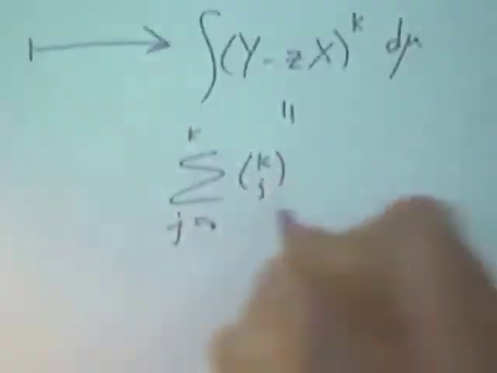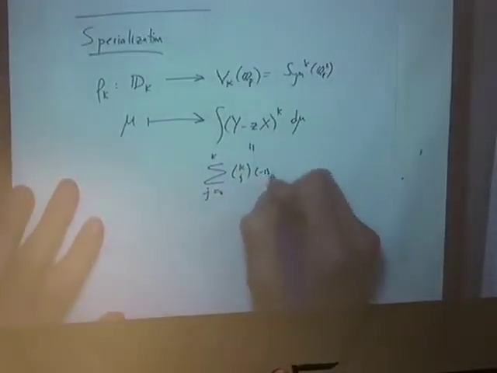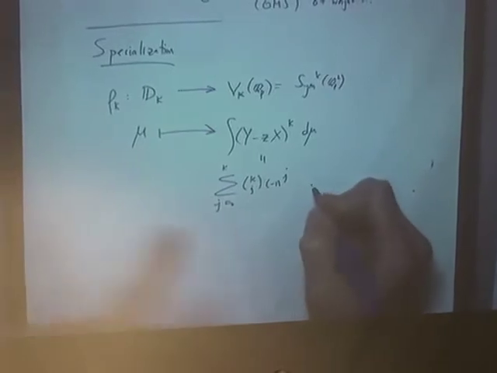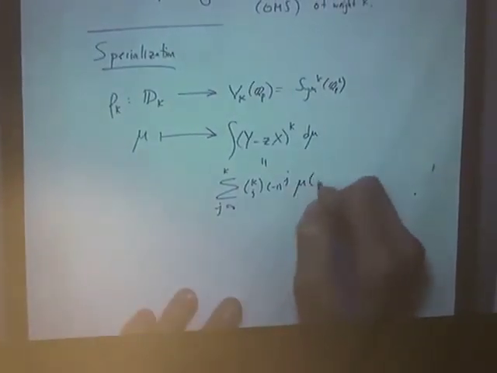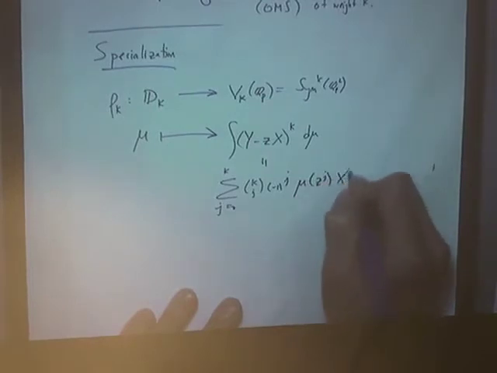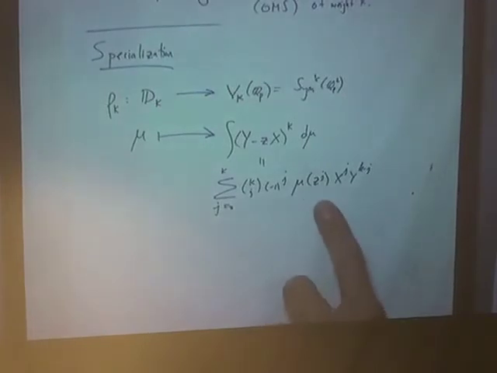So literally what this means is you sum from 0 to k of k choose j, minus 1 to the j, then I should have a z to the j on the coefficient x to the j. So I'm looking at mu of z to the j, x to the j, y to the k minus j. And this mu of z to the j means the integral of z to the j.